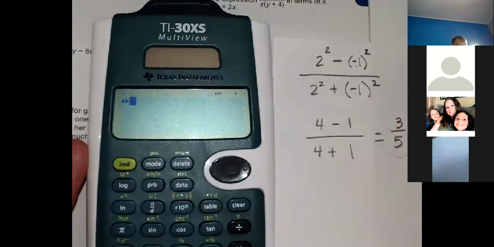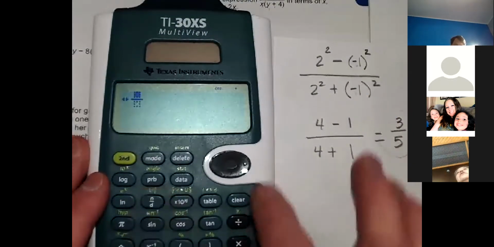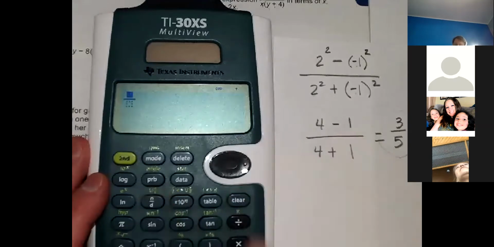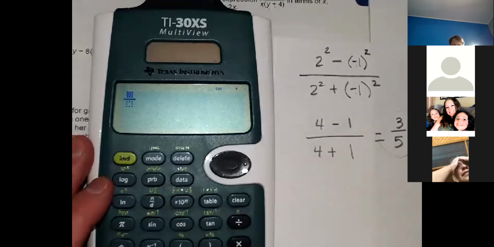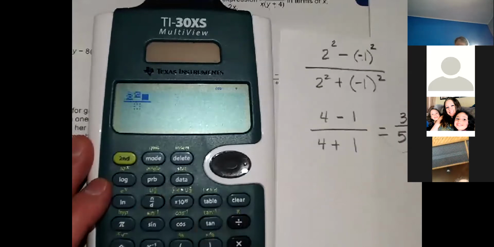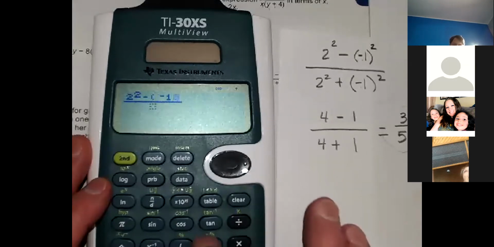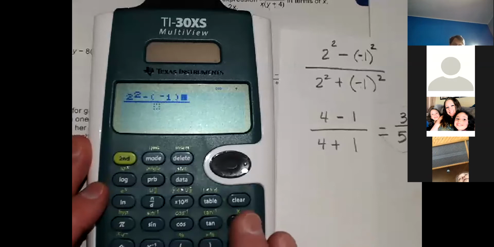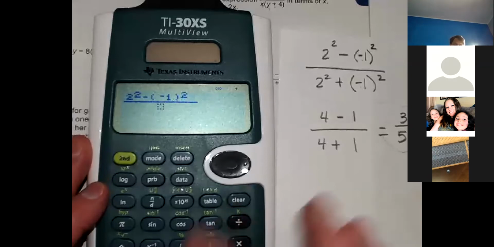Okay, so it's going to be a fraction. Let's get this completely clicked. Fraction key. I'm going to put 2 squared, and I'm going to subtract -1 squared. Oh my gosh.